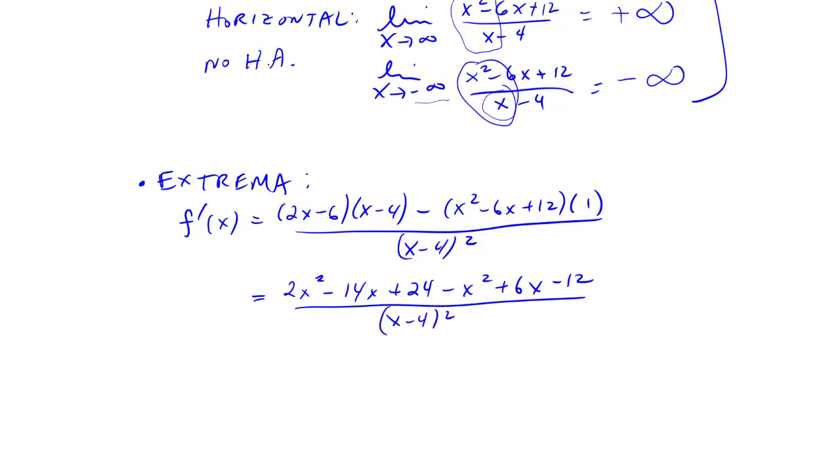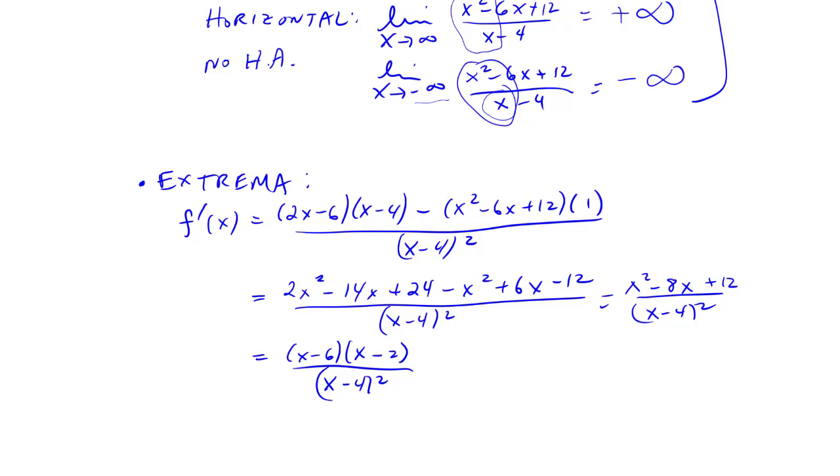And that is going to simplify to x squared minus 8x plus 12 over x minus 4 squared, which is going to be x minus 6, x minus 2 over x minus 4 squared. Okay, so there we have our first derivative, and we can start looking for critical numbers.